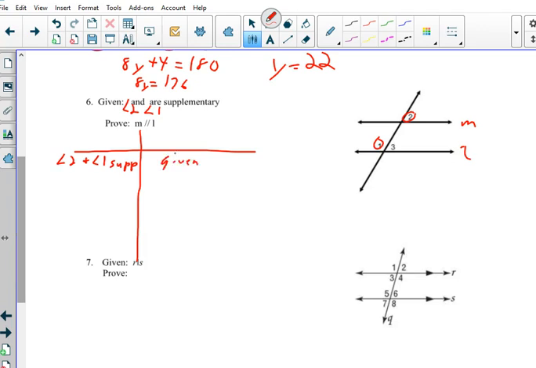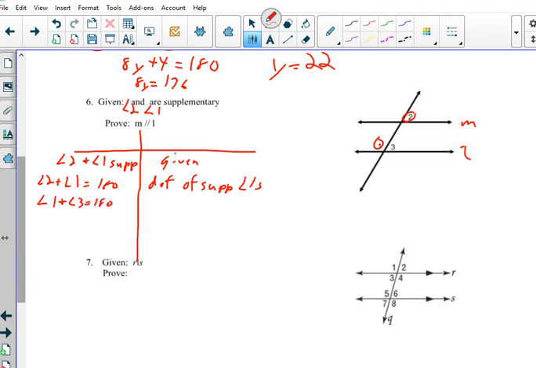Okay? Now, if they're supplementary, that means angle 2 plus angle 1 equal 180. And that's the definition of supplementary angles. Right? Now, we know that 1 and 3 add up to 180.